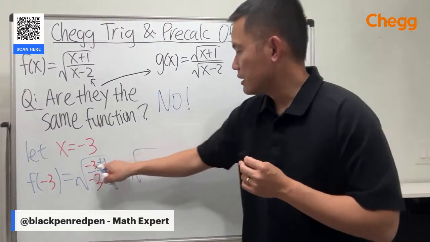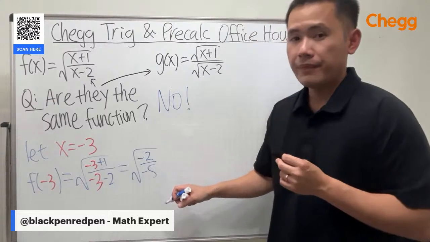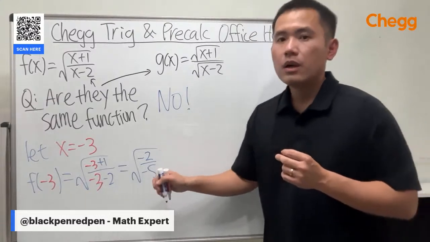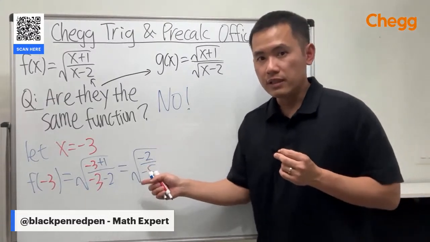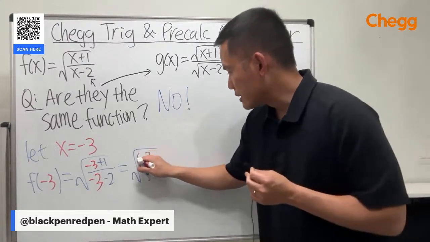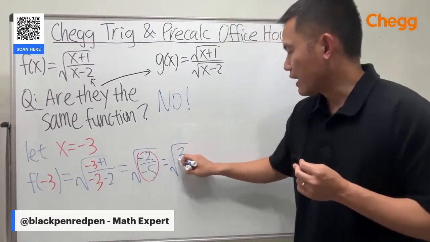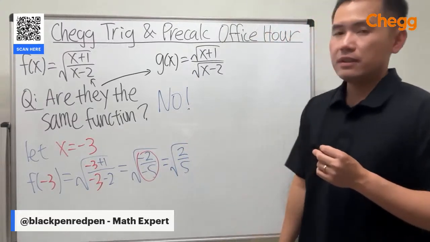This is -2 on the top over -5. Because the expression is written like this, we have to work inside out. That's positive 2 over 5.